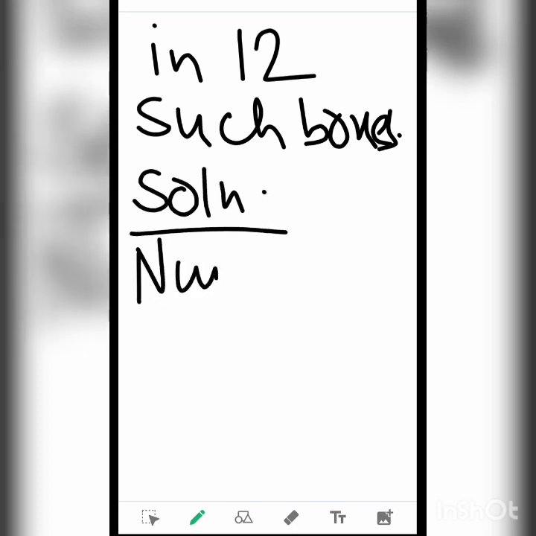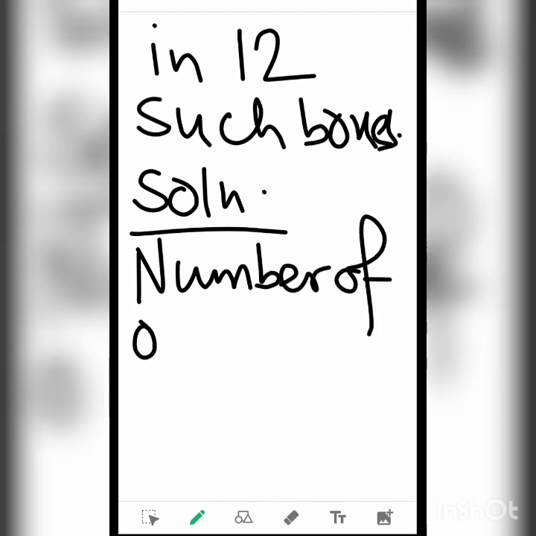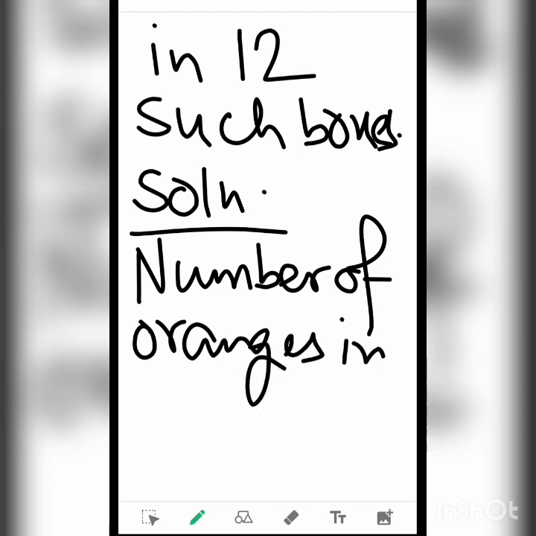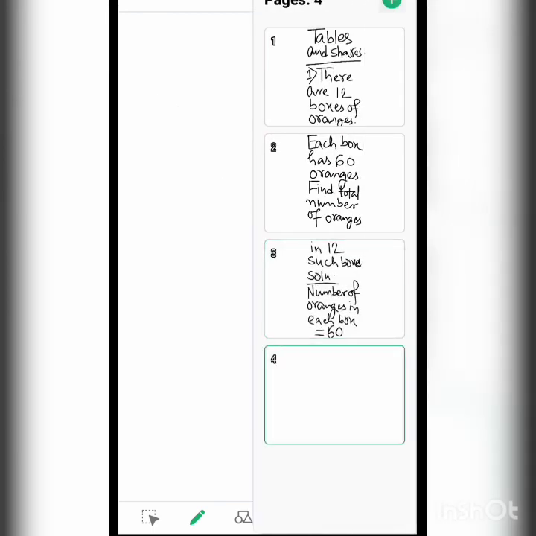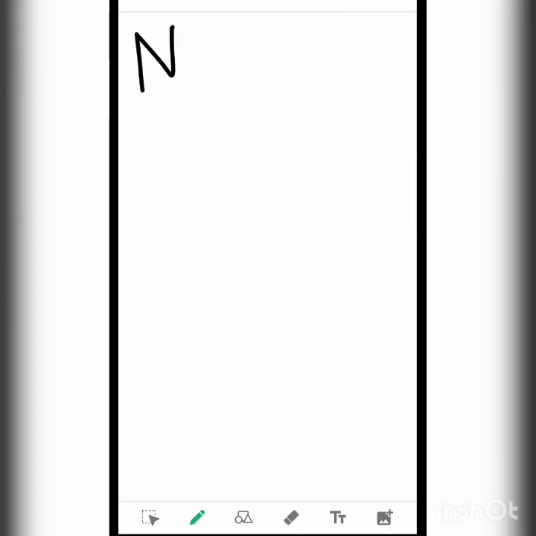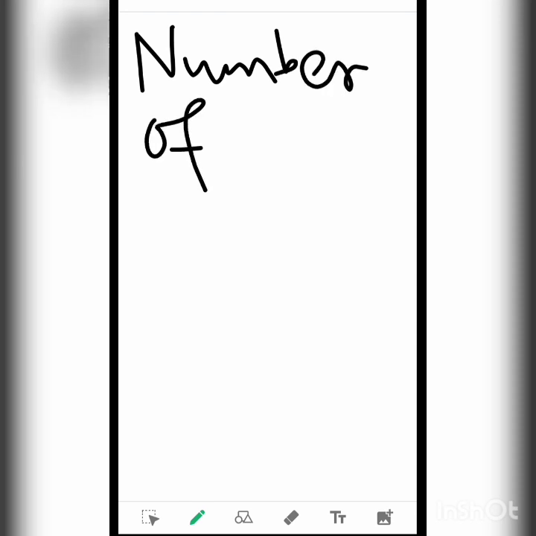Number of oranges in each box. So the number of oranges in each box is 60. Next you write number of boxes.